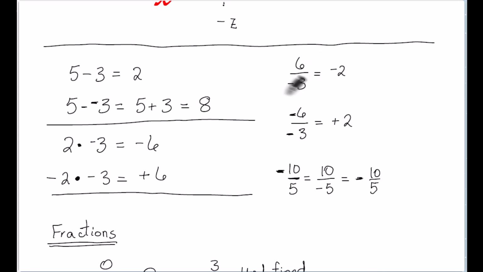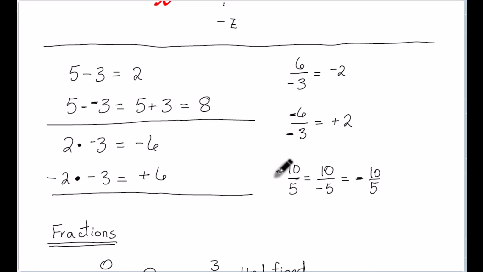If I have a fraction, as long as the top or the bottom is negative, the answer is going to be negative. If the top is minus and the bottom is also minus, then the answer has to be a plus, just like here with the multiplication of two negatives is a plus. Sometimes there is a confusion. What do you do with the minus?